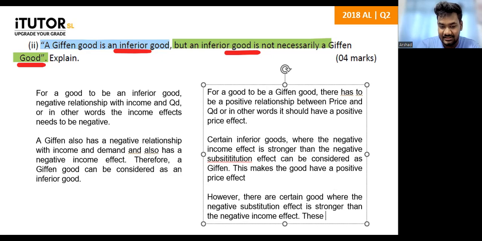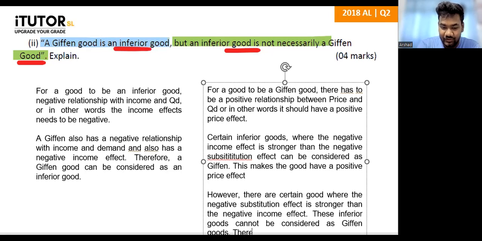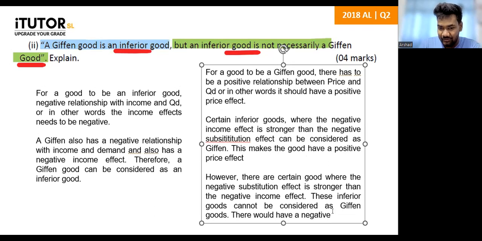These inferior goods cannot be considered as given goods. They would have a negative price effect. I'm giving a more detailed answer, guys. You all don't have to write every single thing here. I'll explain again also, don't worry.